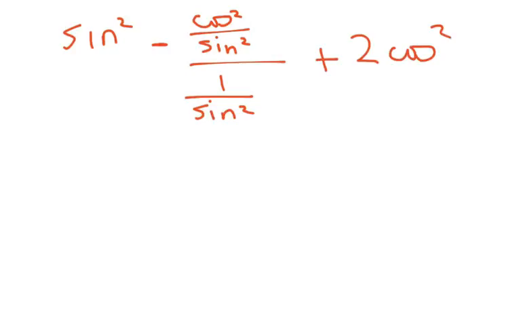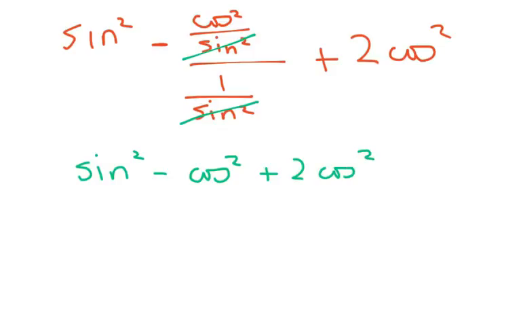That's what I tend to do. Now, at this stage, I can cancel out the sine squares. And I'm going to write this as sine squared minus cosine squared plus 2 cosine squared, which gives me sine squared plus cosine squared, which equals 1. So I have 1 equals 1.